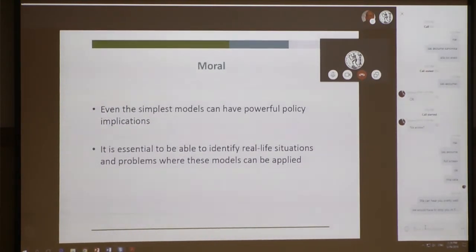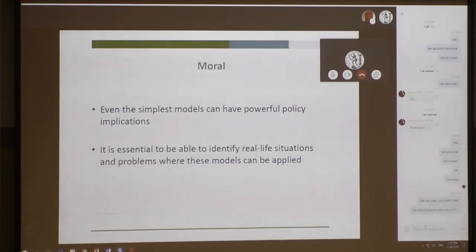And it's essential for us, and for you who are students in this program, to have a good grasp of the models that you are studying, and also be able to identify real life situations and problems where these models can actually be applied. That's going to be really important.